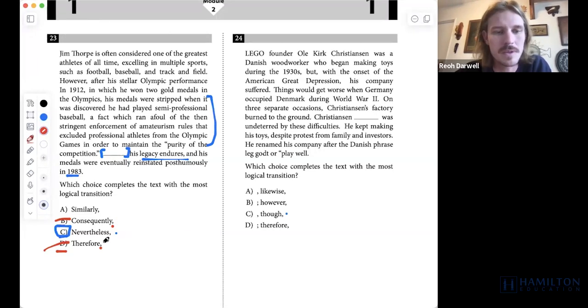They're stripped likely due to the fact that he was a Native American. They didn't like that. So then similarly would mean that this statement naturally comes from this statement, but that's the opposite, right? So that is how we get to, nevertheless, our pivoting, contrasting information category for transition.